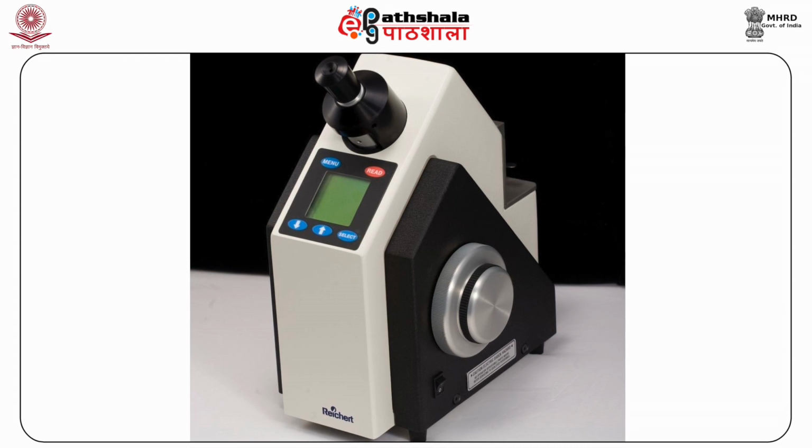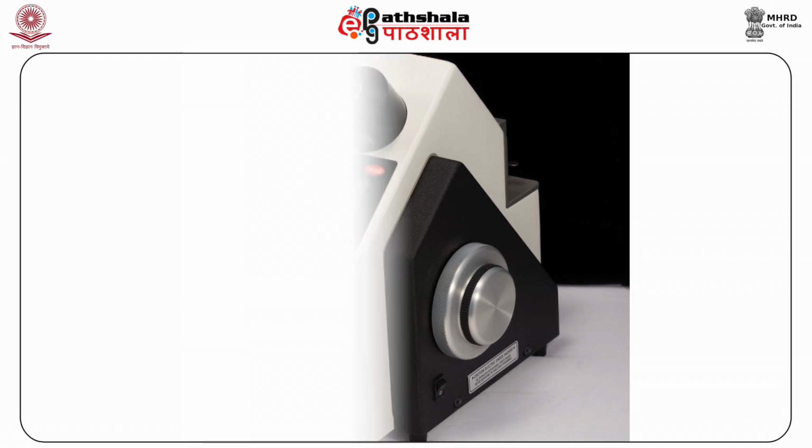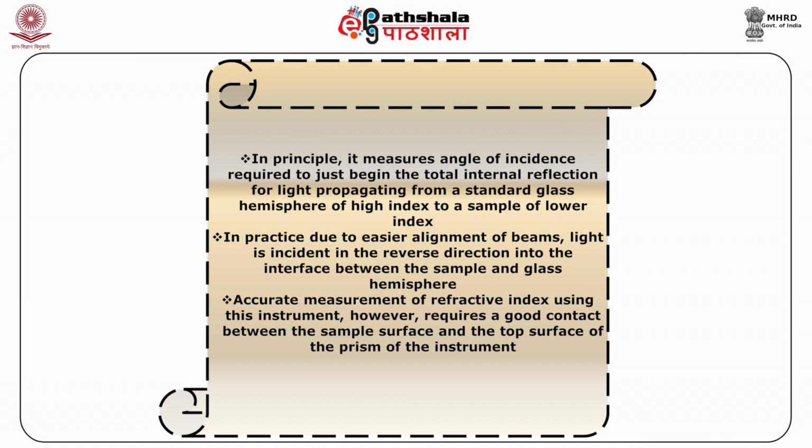It has built-in thermometers and requires circulating water to cool the instrument and fluid temperature. In principle, it measures the angle of incidence required to just begin total internal reflection for light propagating from a standard glass hemisphere of high index to a sample of lower index.